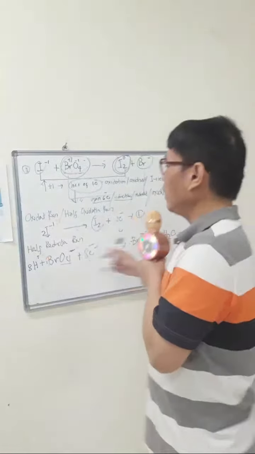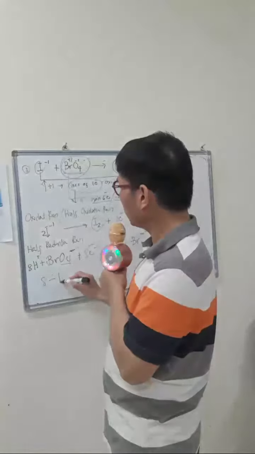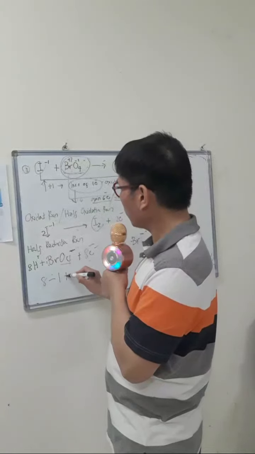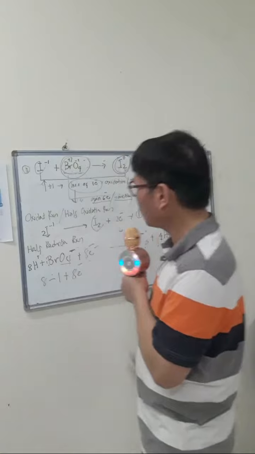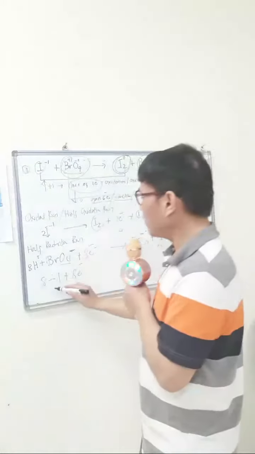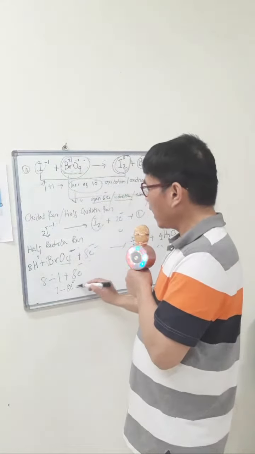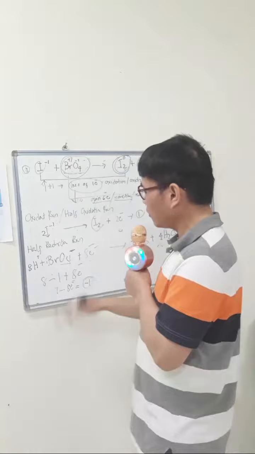So we have 8 times 1, 8. 1 times negative 1, negative 1. Then 8 electrons. So positive 7 minus 8 electrons is equal to negative 1, because 8 is higher than 7.